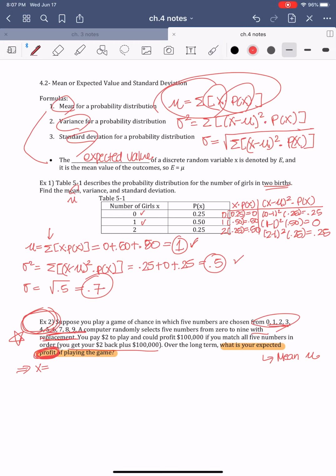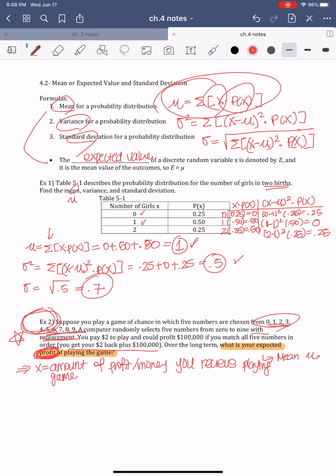Okay, so x is defined as the amount of profit, or the money, you receive playing the game.